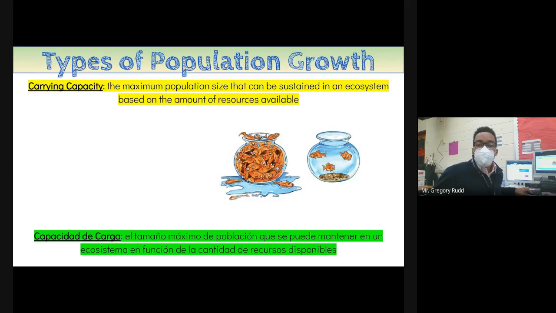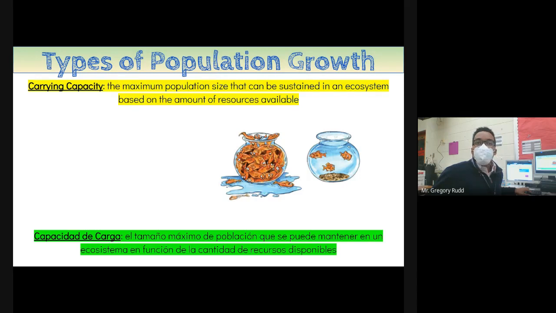Populations can only get so big because eventually they will run out of space, food, mates, they will run out of water, all of those limiting factors that we previously talked about. So that number is called the carrying capacity. Each environment has its own unique carrying capacity. It can support a specific number of organisms within the environment.